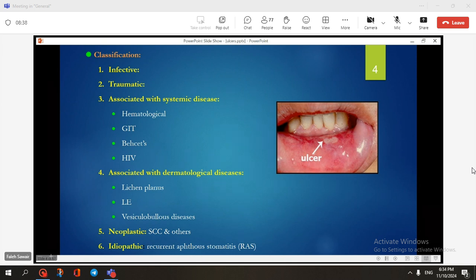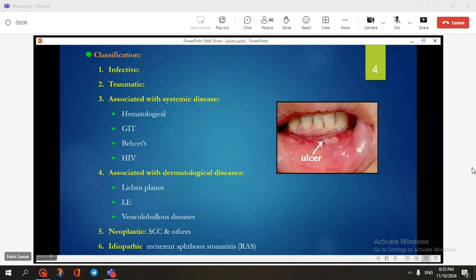GIT disorders like, for example, ulcerative colitis or other inflammatory bowel diseases can also cause or be associated with oral ulcers. Behçet disease, as we will see in the future, and HIV disease can be associated, as we discussed the last time, with ulcers.